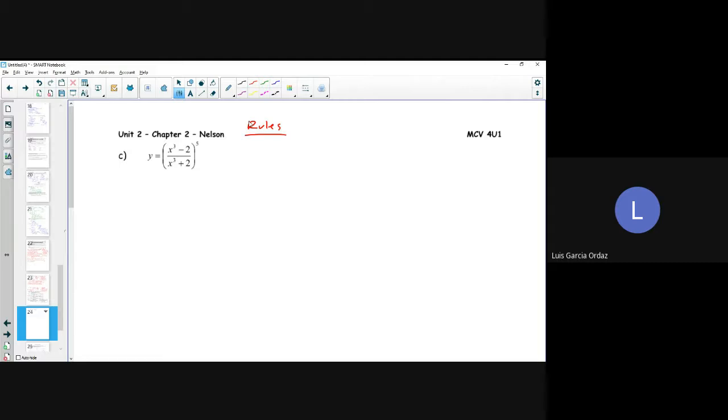So just by looking at this function, what type of rules do we have? It should be pretty noticeable right off the bat.